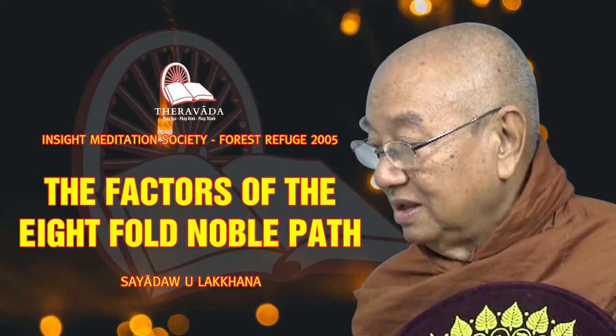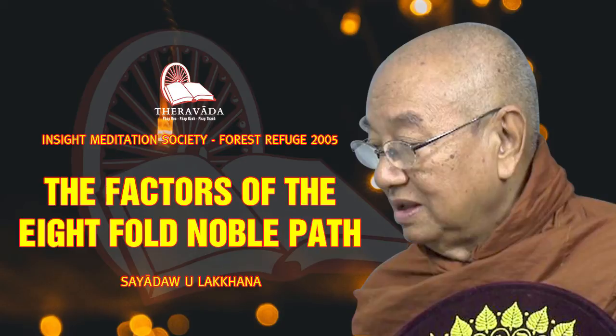So just by undertaking to abstain from musavada, one is also undertaking to abstain from pisuna vaca, from speech which breaks apart friends, divisive speech. One is also undertaking to abstain from parusa vaca, from rough, uncouth, harsh speech.